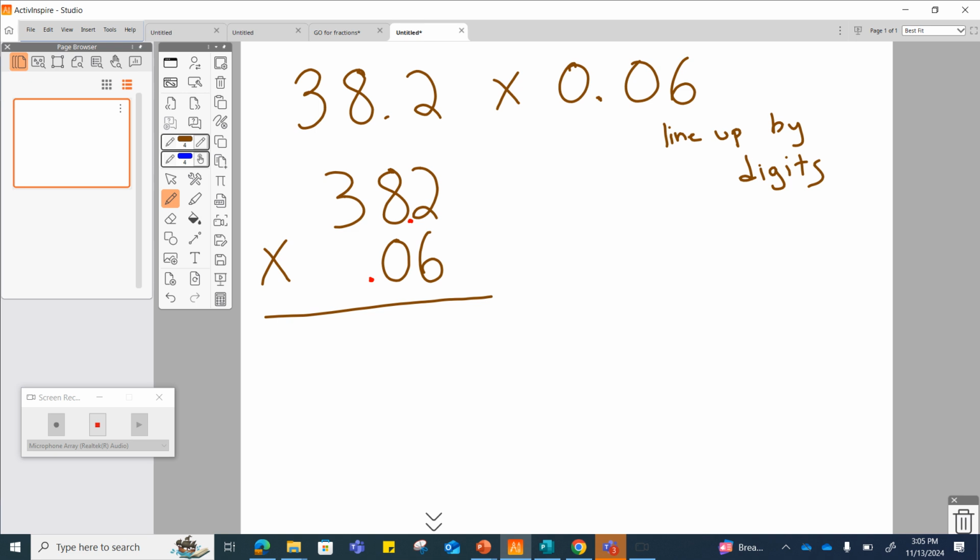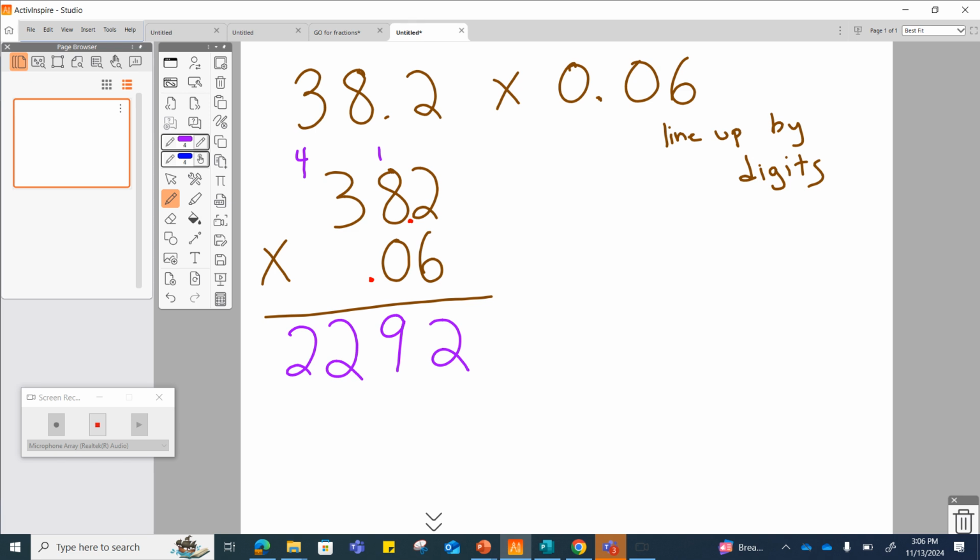Now I'm going to multiply. 2 times 6 is 12, so the 2 goes there, carry the 1. 6 times 8 is 48, plus 1 is 49. 6 times 3 is 18, and 18 plus 4 is 22.